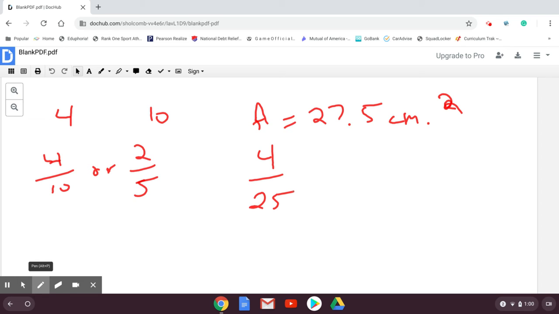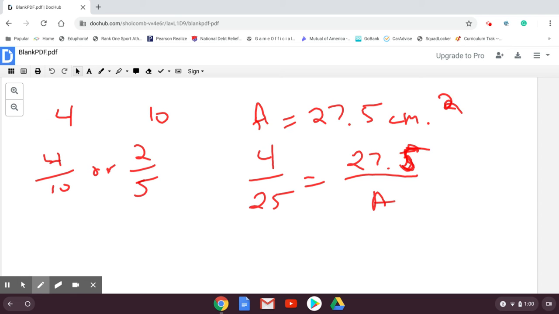So we've got to use this scale factor of 4 over 25 equal to the area of the smaller. Notice that 4 goes with 27.5, over the unknown area of the larger shape, which goes with the 25.